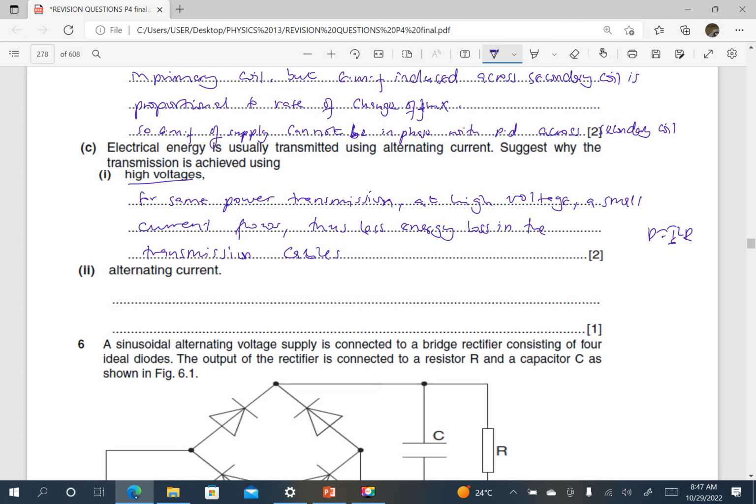Suggest why the transmission is achieved using alternating current. Why alternating and not direct? We know the advantages of alternating.